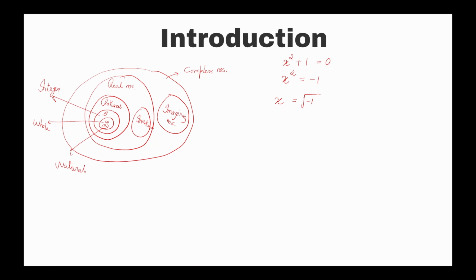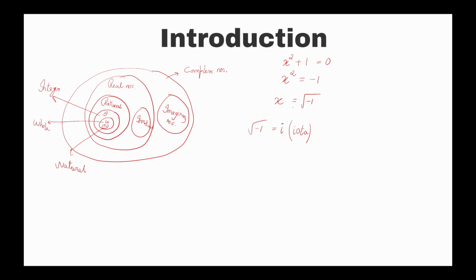Now what I say is this root under minus 1, I define it as a variable known as i, which is also called as the iota. Now I'm going to solve all of my questions on complex numbers, or let's say my imaginary numbers, based on this variable, which is iota. So remember this thing, root under minus 1 is what we call as iota.